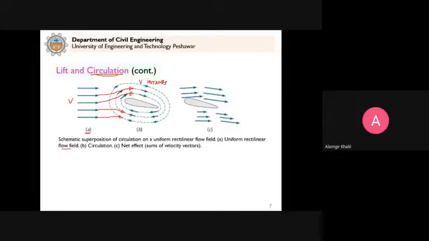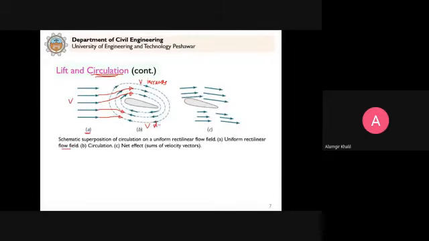And at the bottom you can see that the approach velocity of the fluid is opposite to the vectors of circulation around this body. So definitely at the lower surface of this object, V will decrease, because these are opposite directions.